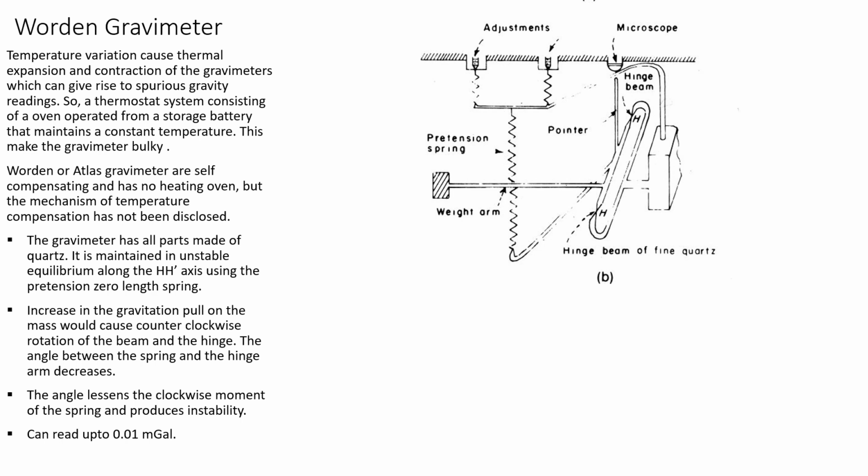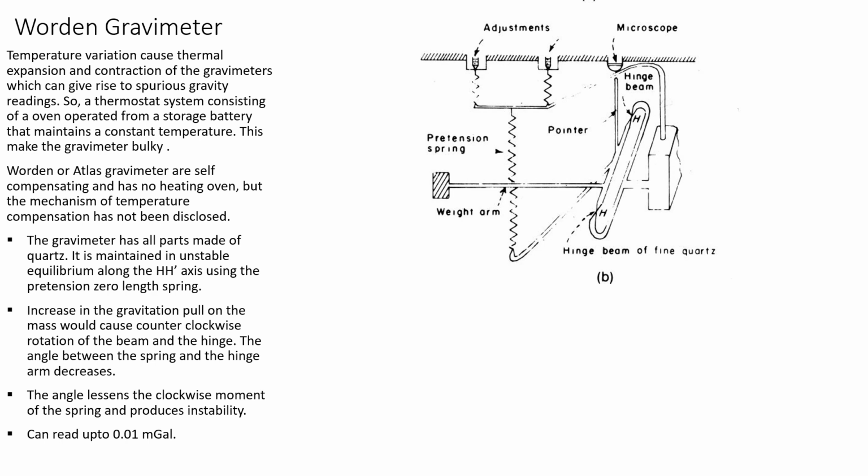Here the equilibrium is already unstable because the pre-tension spring has sustained the unstable equilibrium or the inclination of the hinge beam. So when the angle decreases, the clockwise turning moment of the pre-tension spring, which would have tended to maintain the equilibrium position of the weight arm, cannot be achieved, and so it throws the whole system into instability.